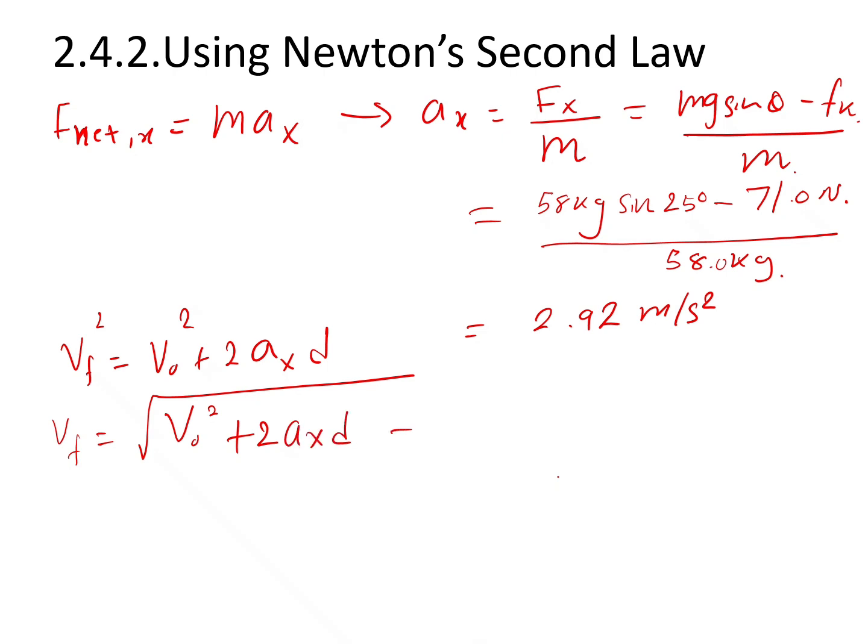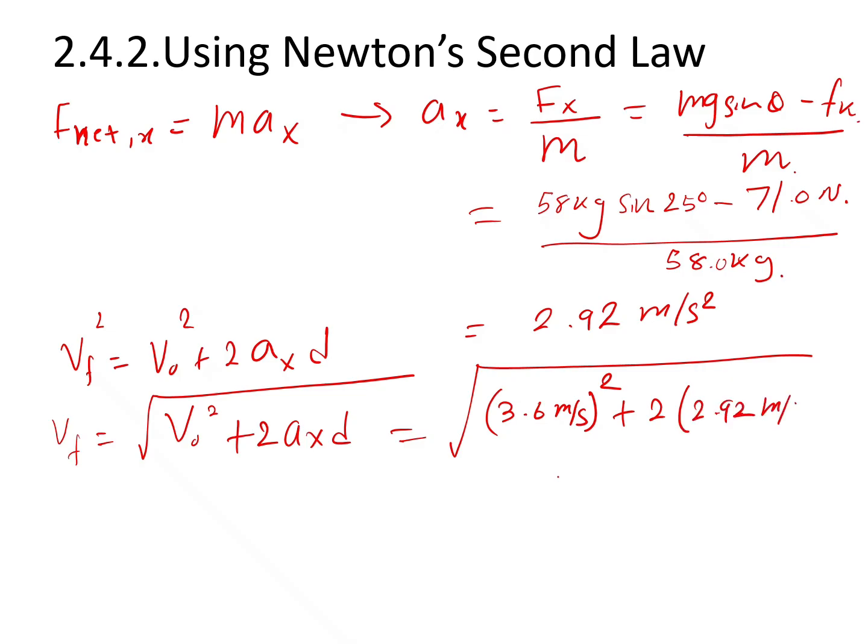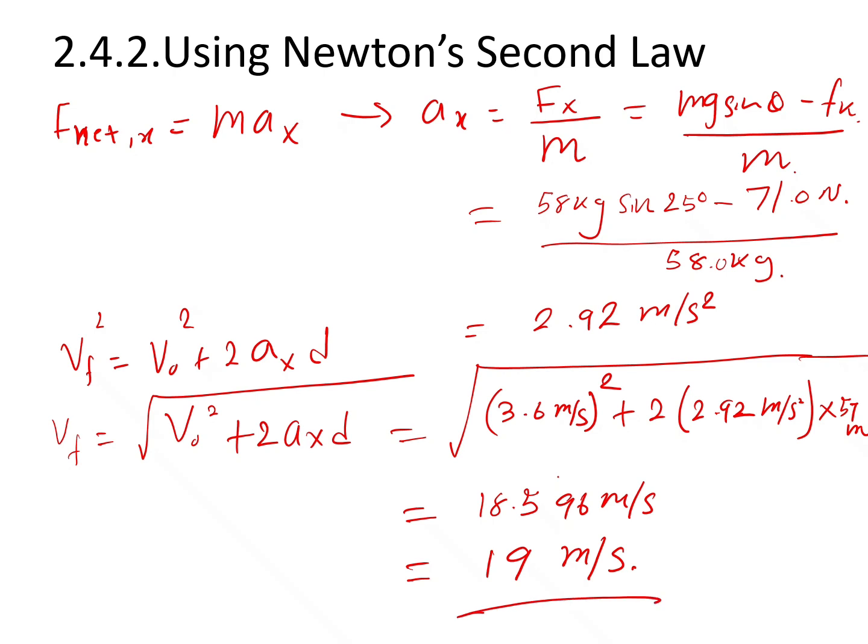We can substitute the values: 3.6 meters per second squared plus 2 times the acceleration, 2.92 meters per second squared, times 57 meters. And this equals 18.596 meters per second, which is about 19 meters per second. Both methods give 19 meters per second.